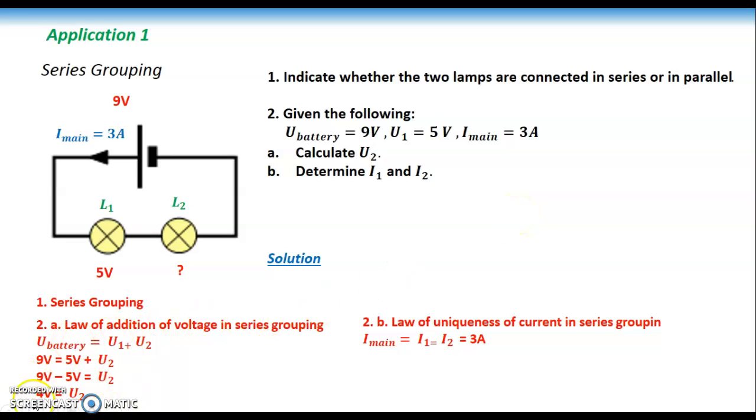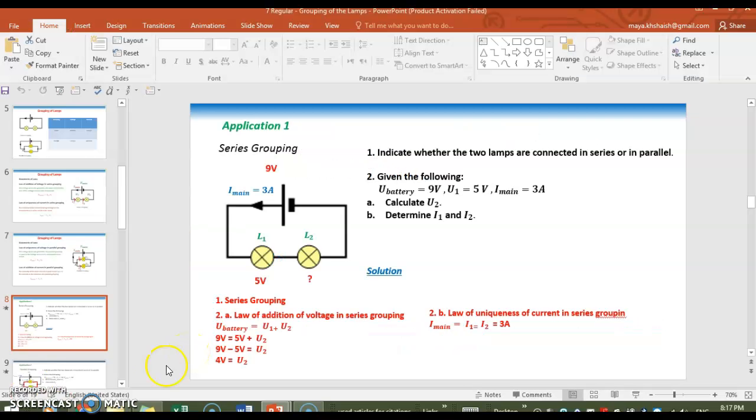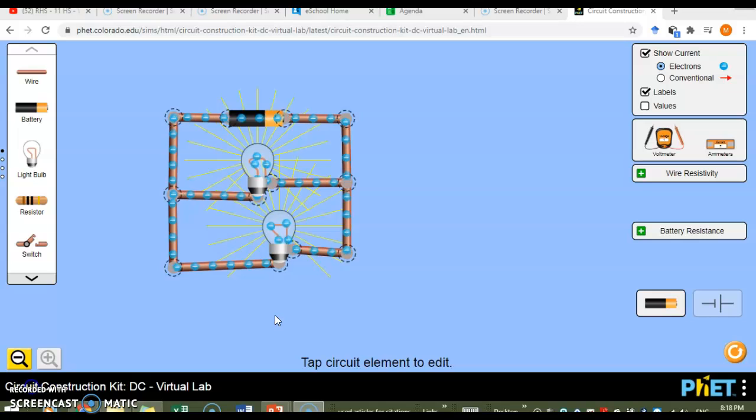Now moving to the parallel connection. Now concerning the parallel grouping, we're going to do the same work. We're going to measure the voltage across each component and find the relation between them. Okay, then measure the current and also find the relation.